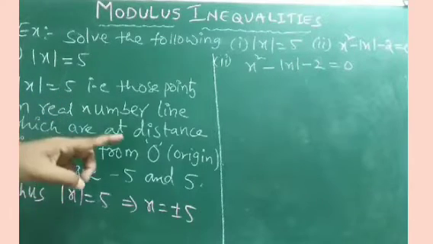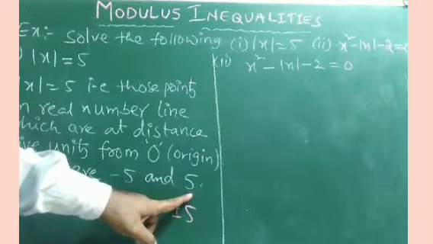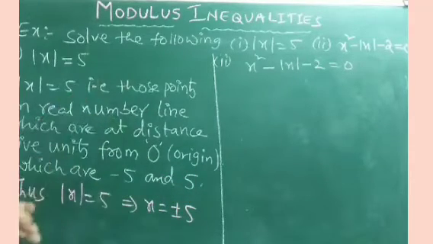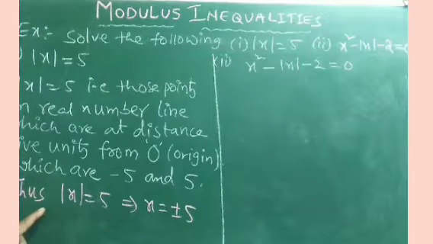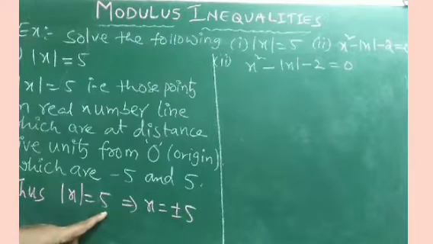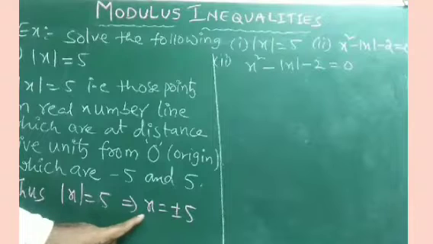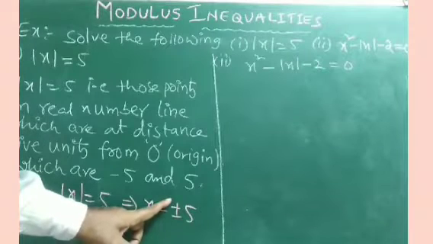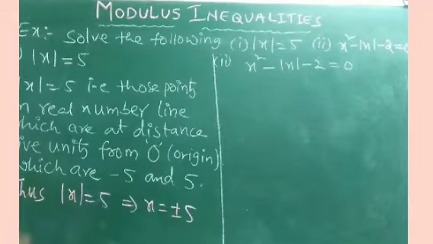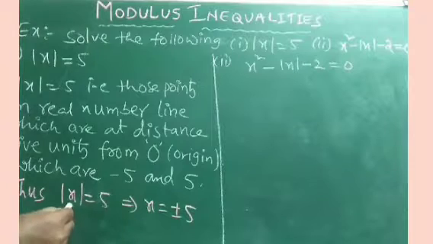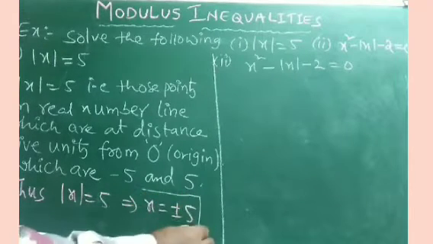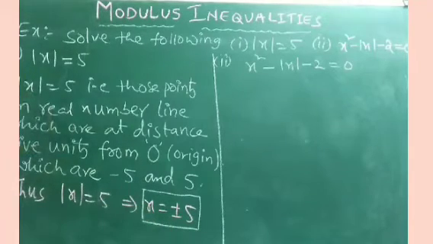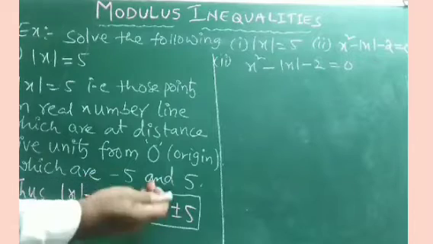Hence in one direction we write one coordinate as plus 5, in another direction minus 5. Therefore, modulus of x is equal to 5 means x can be plus 5 or minus 5. That implies x is equal to plus or minus 5. When you remove the modulus, we write plus or minus.